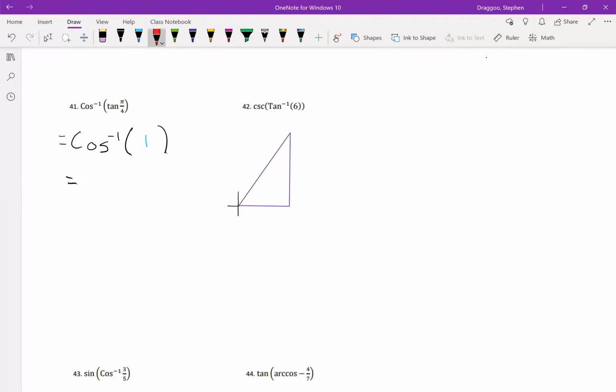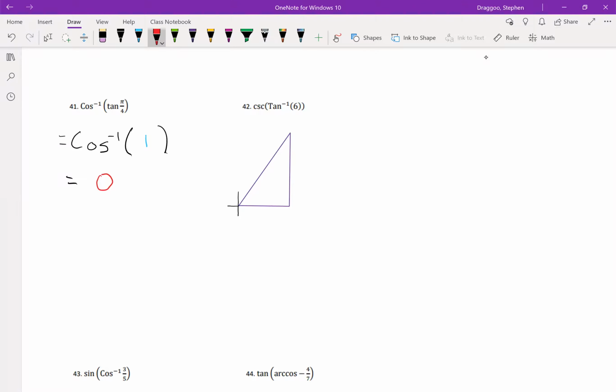So I'm looking for an angle that has a cosine value of 1, which happens at 0 radians. So in those first few problems, we just looked at unit circle values when we're combining these functions. And so far, those aren't too tricky.